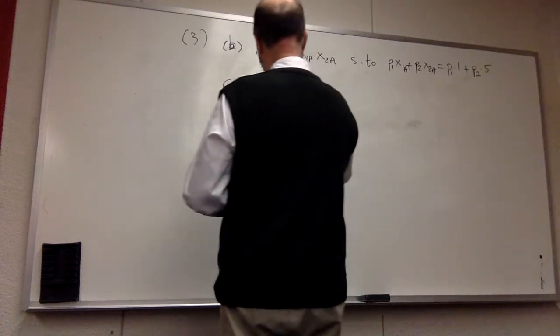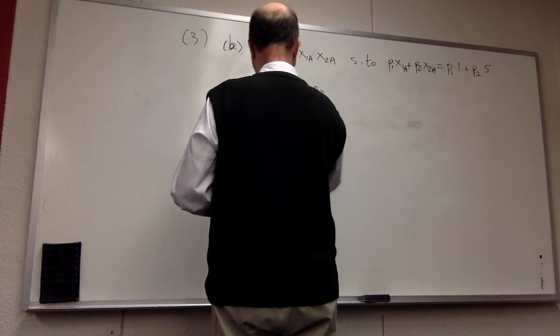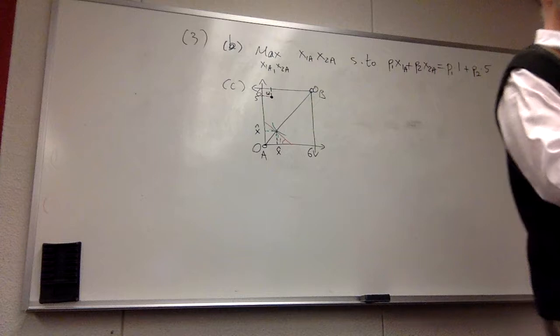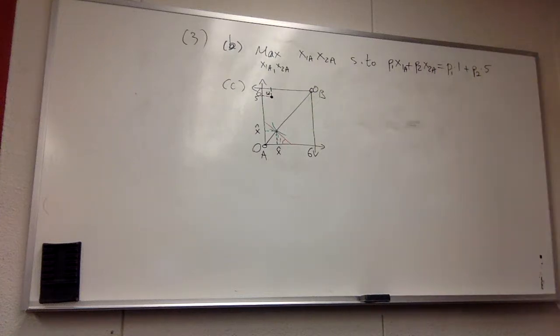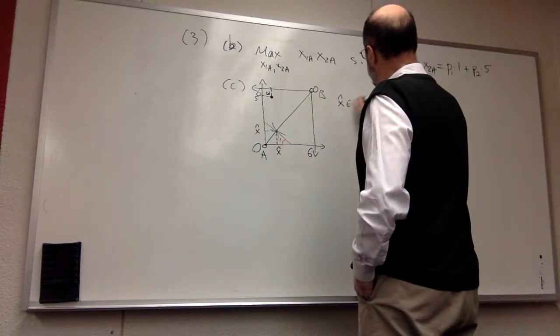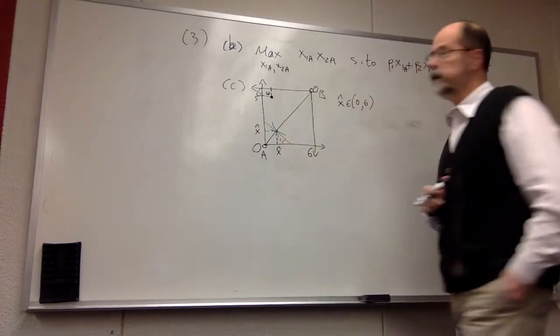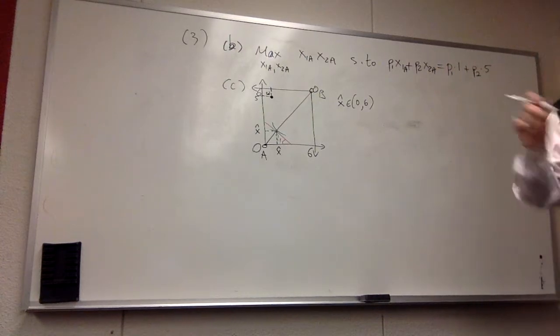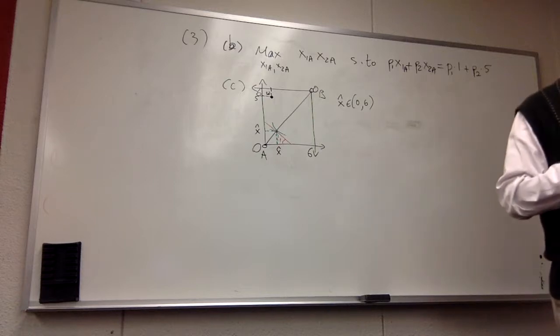So how about I call it something like x hat? And x hat is a number that is completely up to me, but it has a restriction, right? It needs to belong to the open interval from 0 to 6, because I said it needs to be in the interior. So positive consumptions for everybody.